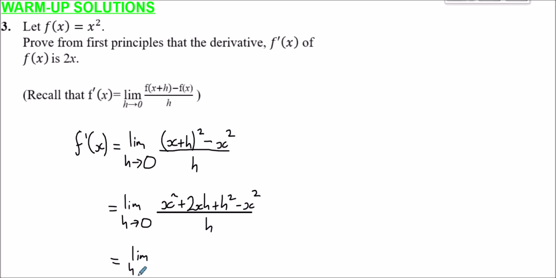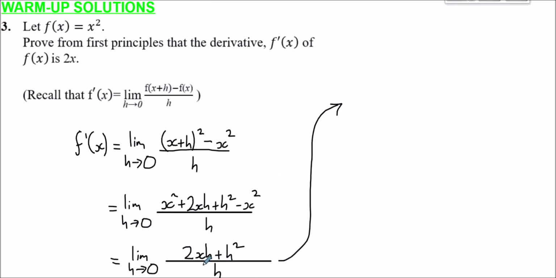You get a bit bored of writing lim h arrow 0 after a while, but it needs doing. So if you look at the top, the x squared at the beginning cancels with the x squared at the end. And so we just end up here with just 2xh plus h squared all over h.